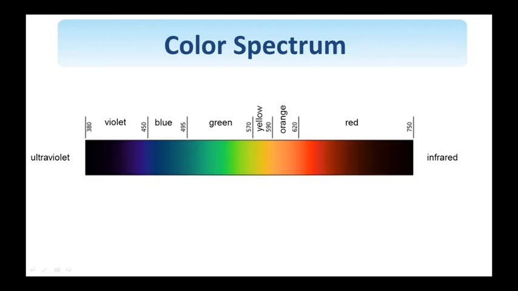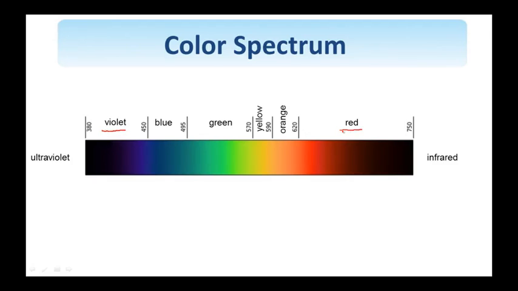Isaac Newton, in the mid-17th century, discovered that when a beam of light passes through a glass prism, the light that comes out is not white, but consists instead of a continuous spectrum of colors ranging from violet at the one end to red at the other end.